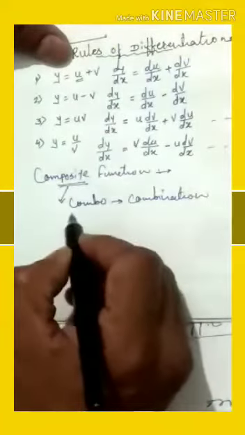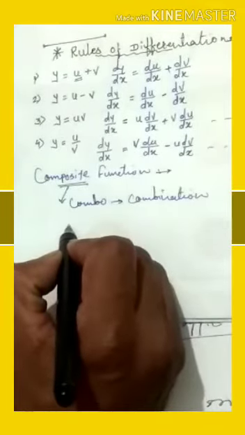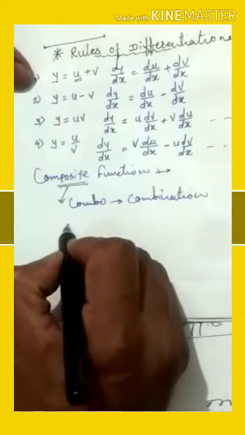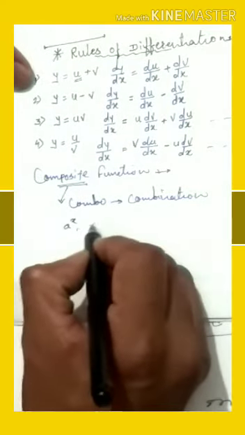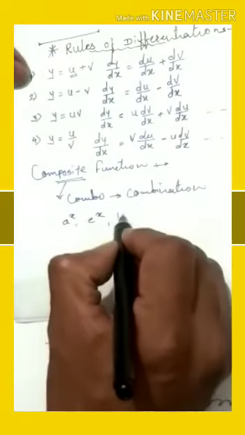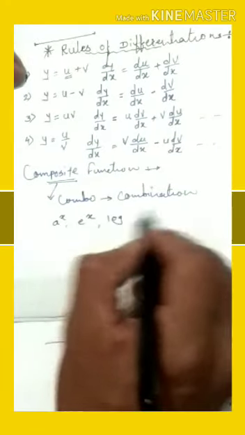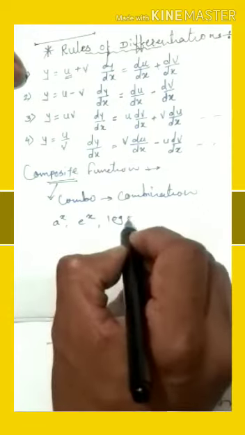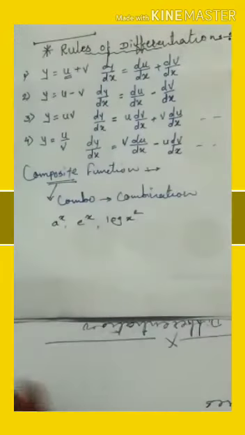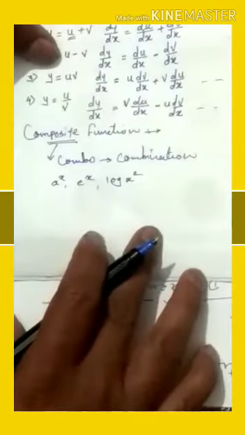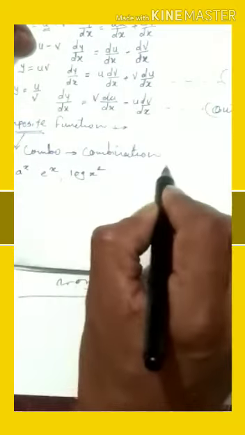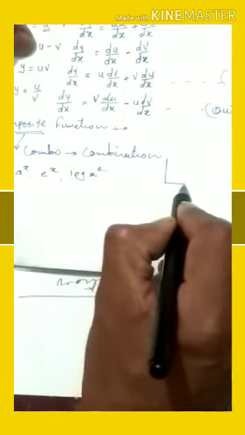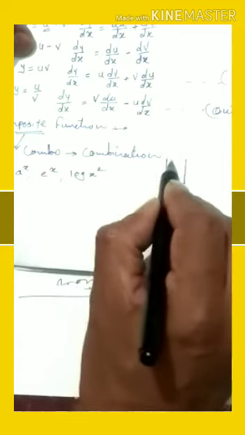Like, we have seen the exponential functions a raised to x and e raised to x. We have seen derivatives of the logarithmic function log, say x square or x cube or x raised to n. So in a composite function, one function is combined in another.